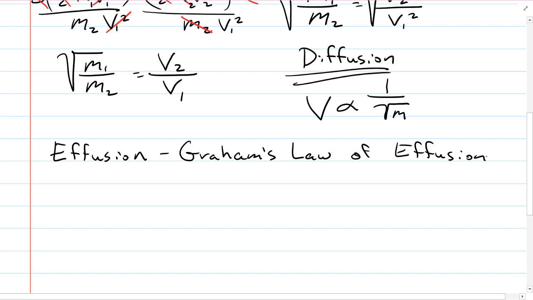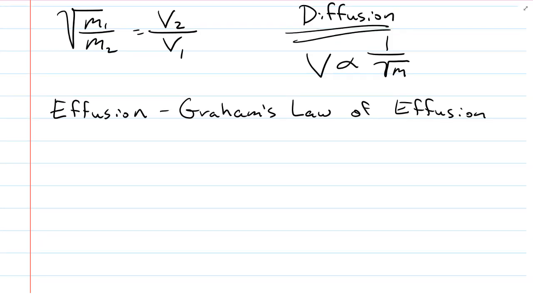First of all, we have to define what effusion is. Effusion is how particles move through a small opening or pore. If, for example, I were to take this gas valve and open it up so that only a few molecules could escape at a time.